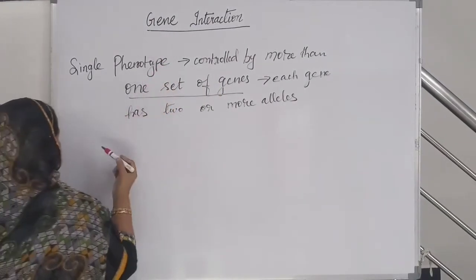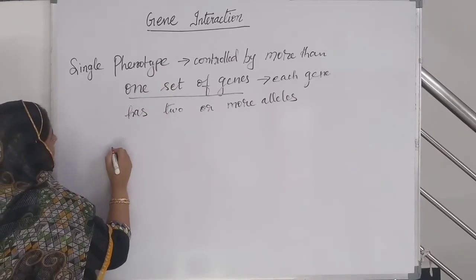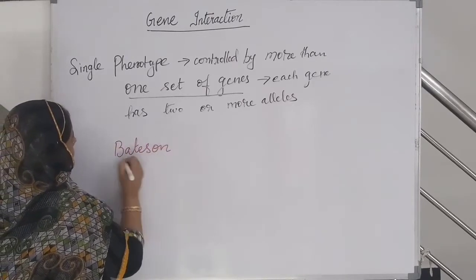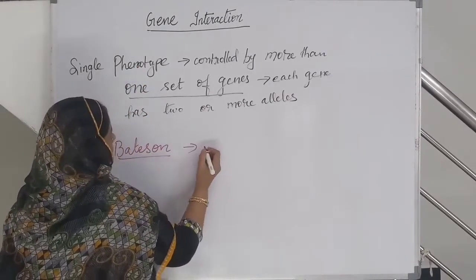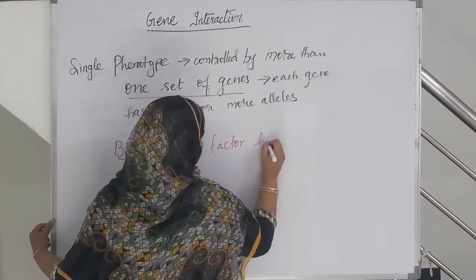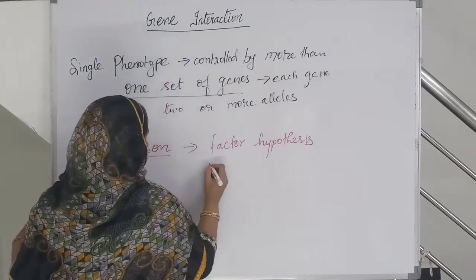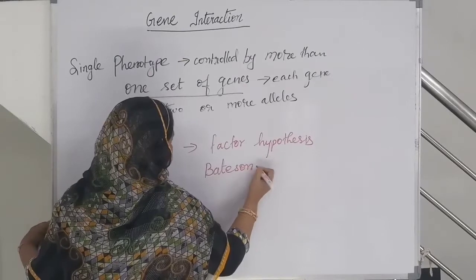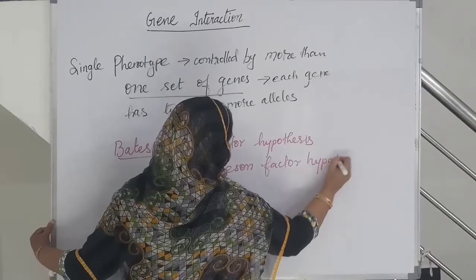This gene interaction concept was explained and introduced by Bateson. That is why gene interaction is otherwise called factor hypothesis, or Bateson's factor hypothesis.